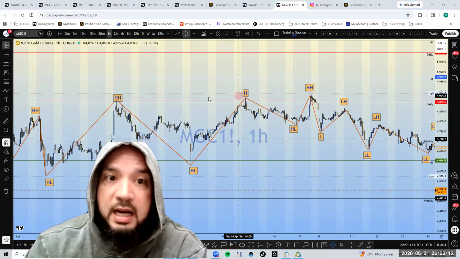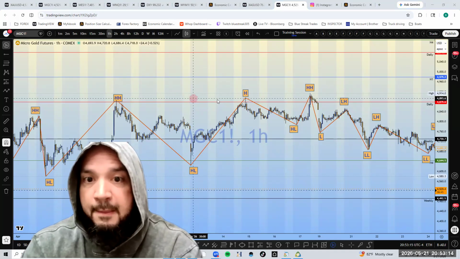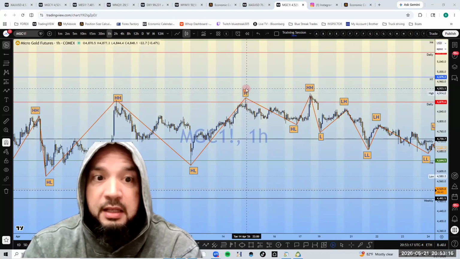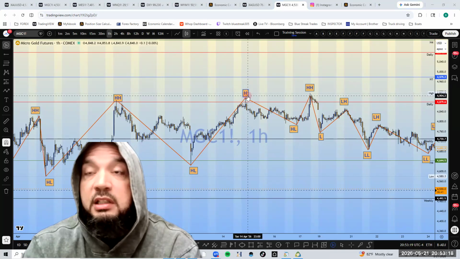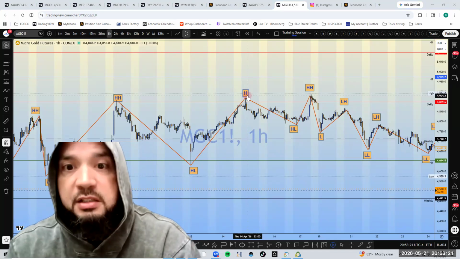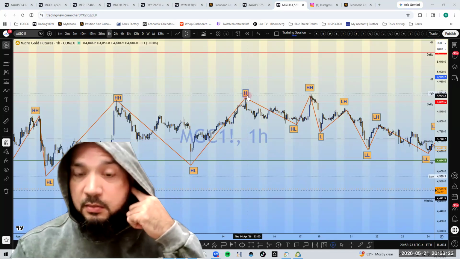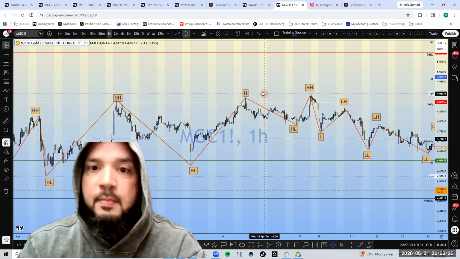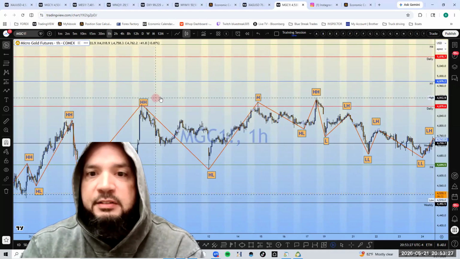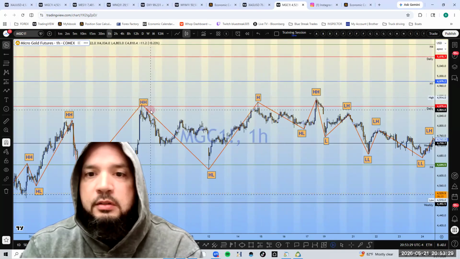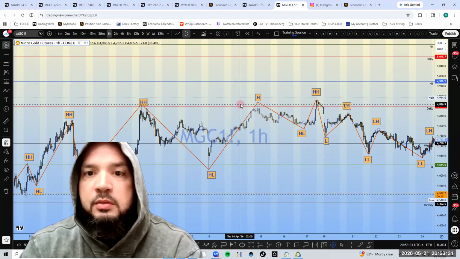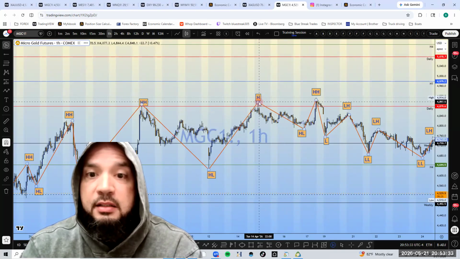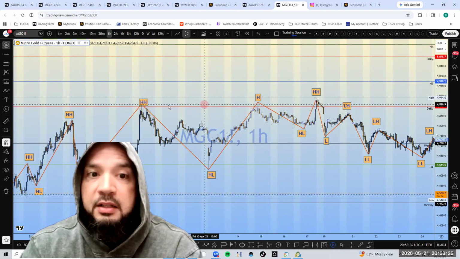It's an equal high to the last high. If it doesn't go higher than the last high, it's just an equal high. It should say EH, but I'm just keeping it simple. Look at the lows after. It starts creating a newer low. The reason this is just a high is because it never went higher than the last high.